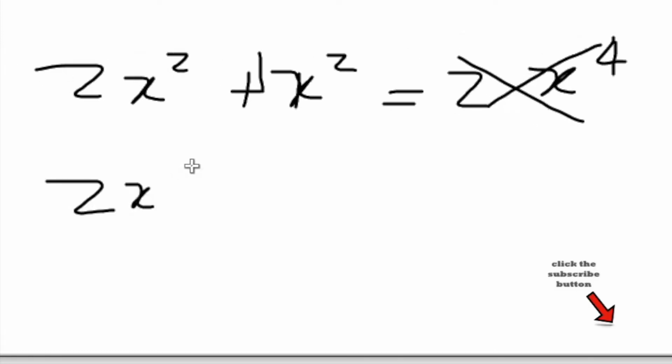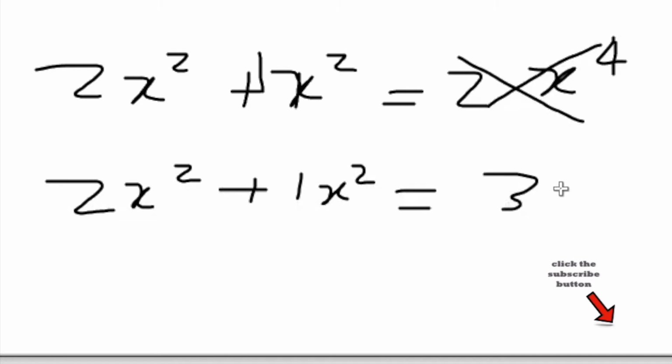The correct method is that we go ahead and add the coefficient of x squared, which is the 1 plus the 2, and that will give us 3. Then we rewrite the variable. So add 1 plus 2, that's 3. Then I will have the variable, which is x squared. We do not add the power.